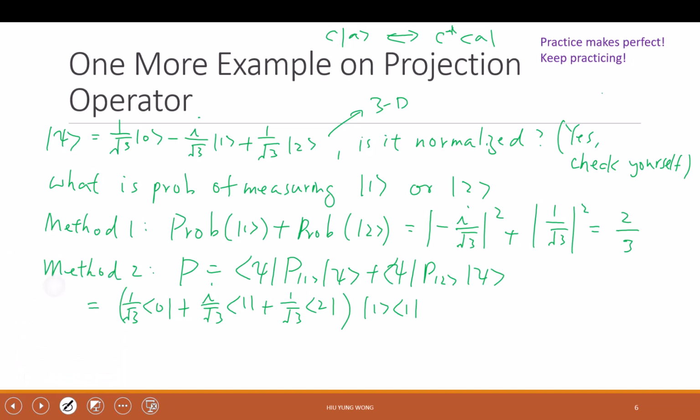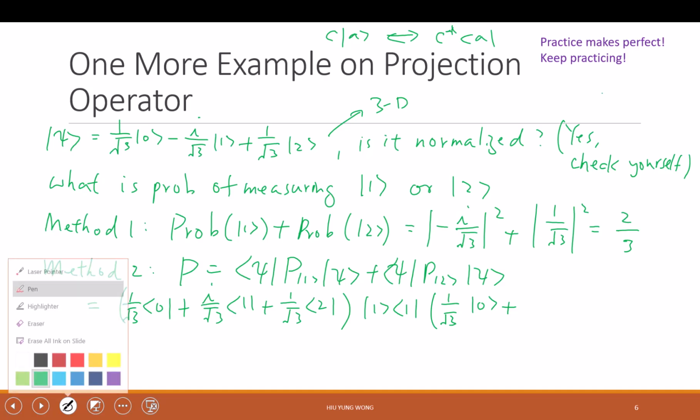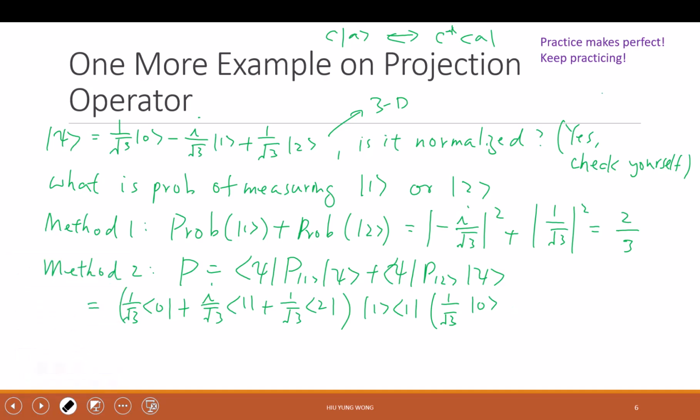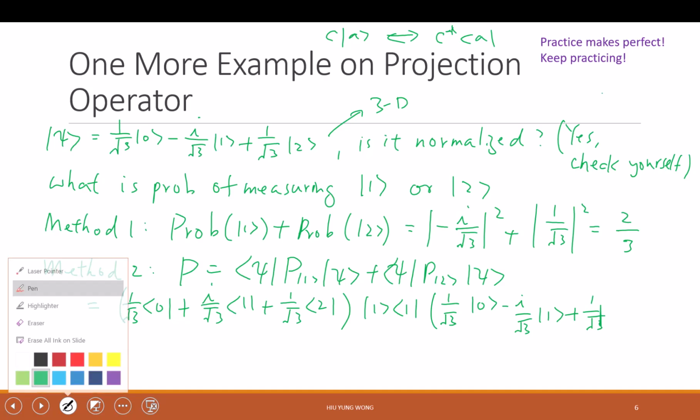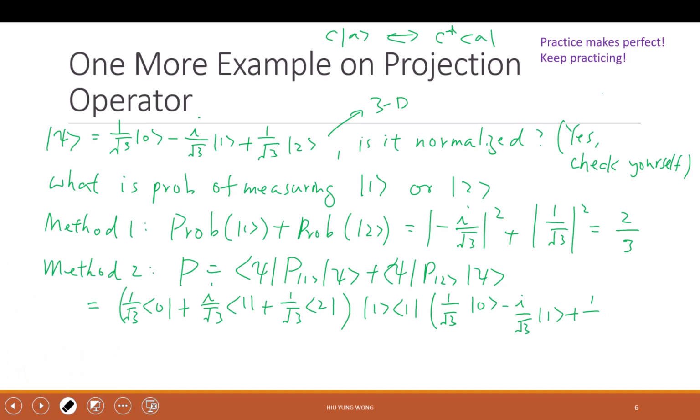Let's continue. Then I will just copy the rest, right? 1 over square root 3, ket 0, plus minus i over square root 3, ket 1, plus 1 over square root 3, ket 2.